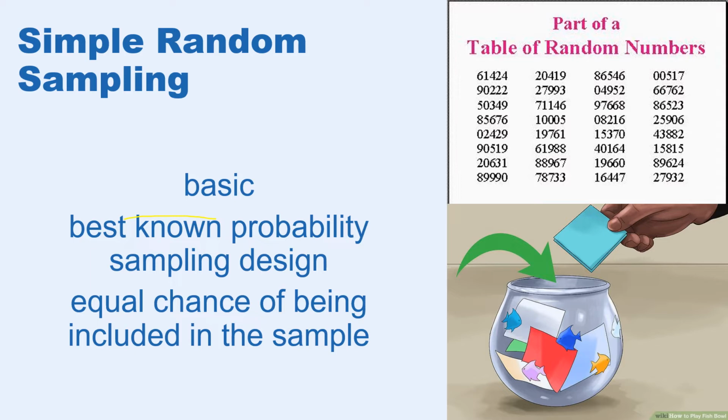Now, look at the pictures on the side. They show us examples of simple random sampling. You have the table of random numbers, and then you have the fishbowl method. Now, how do we use the table of random numbers? For example, I computed my sample size of 100 out of a population of 300. I need 100.